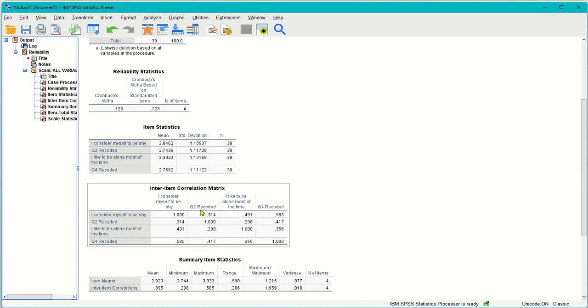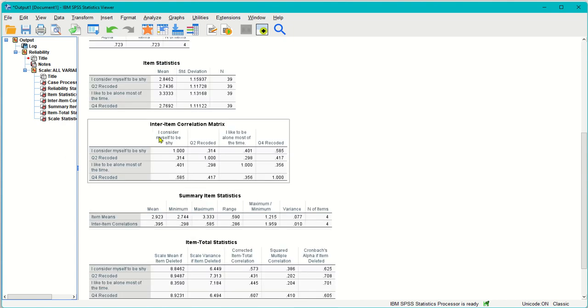And then you can see here the descriptive statistics for each item on the survey, the means, standard deviations, and the total N. And then here we have the inter-item correlation matrix. So these are correlations. Going down diagonally, you'll notice they're all 1s, and a 1 means there's a perfect relationship for the correlation.